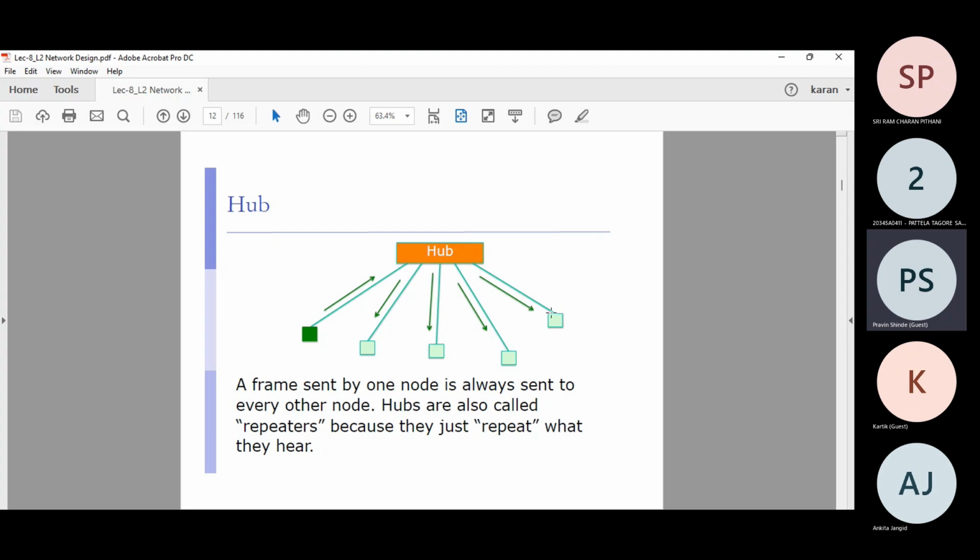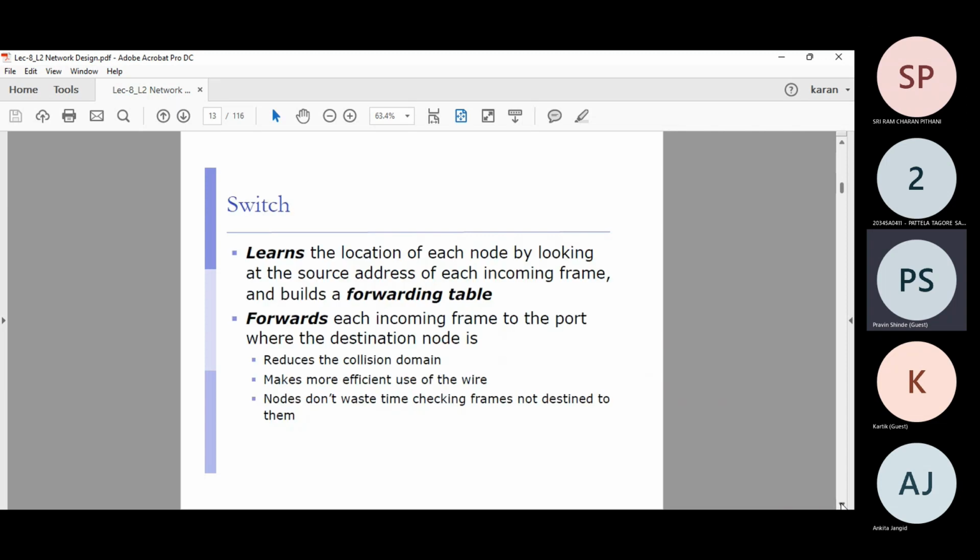Then from the fifth port, the frame is also repeated on 4, 3, 2, 1. There is a lot of confusion with the hub, but it is a primary network device.